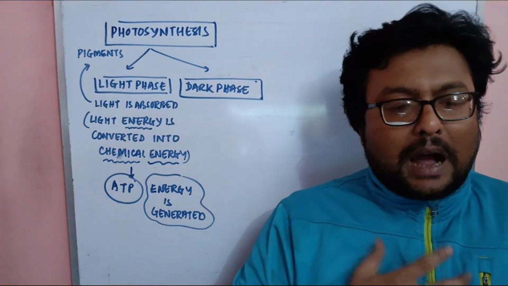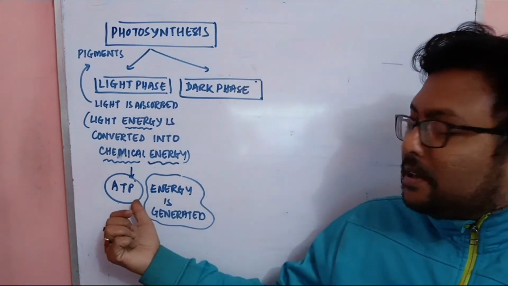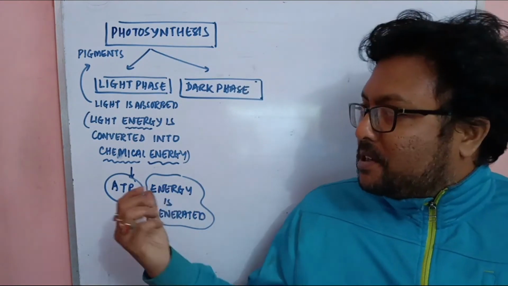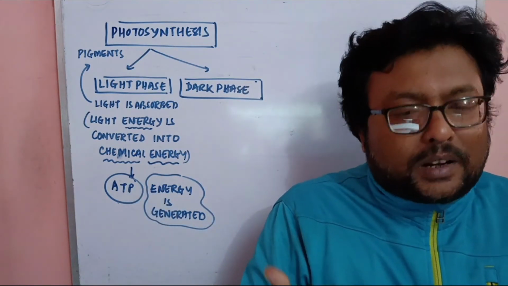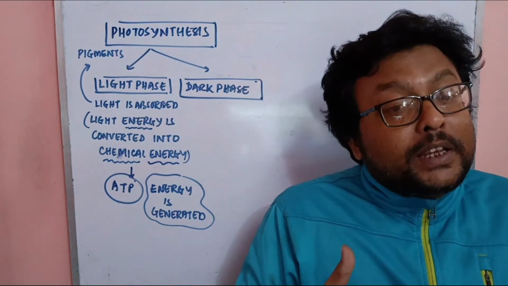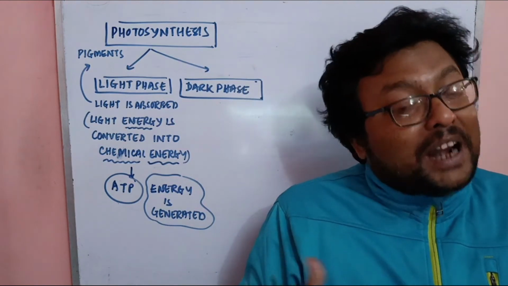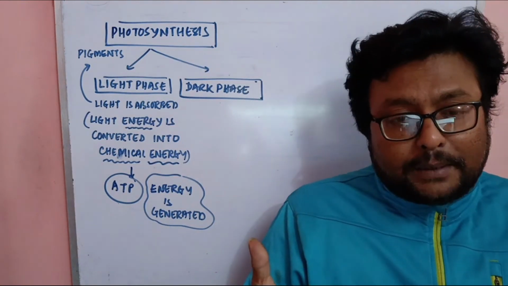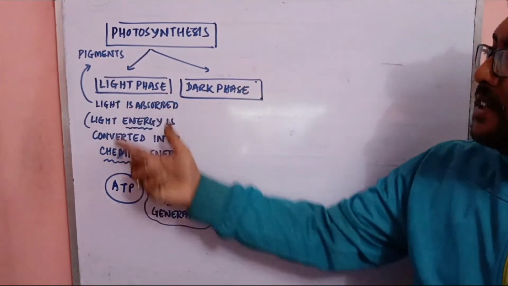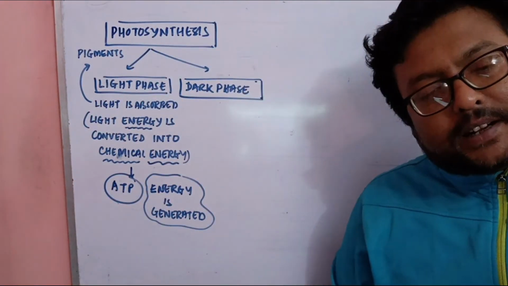এবার আমরা যদি করতে পারতাম তাহলে তো হয়ে যেত, কারণ আমাদের বডিতেও তো এটিপি তৈরি হয়। ATP is the energy currency in all living organism. তো আমাদের বডিতে এটিপি তৈরি হয়, but we can't utilize light energy and convert them into ATP. So now you understood যে actually light phase কি হচ্ছে, light phase energy generate করছে, কি?